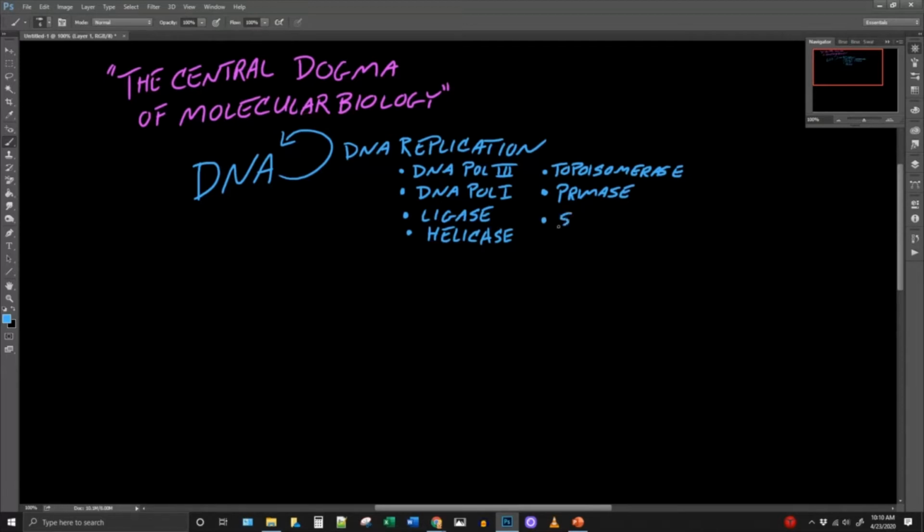Oh, single-stranded binding proteins. Right, all of those different parts, you got the leading strand and the lagging strand, that all takes place in the nucleus because DNA stays inside the nucleus.